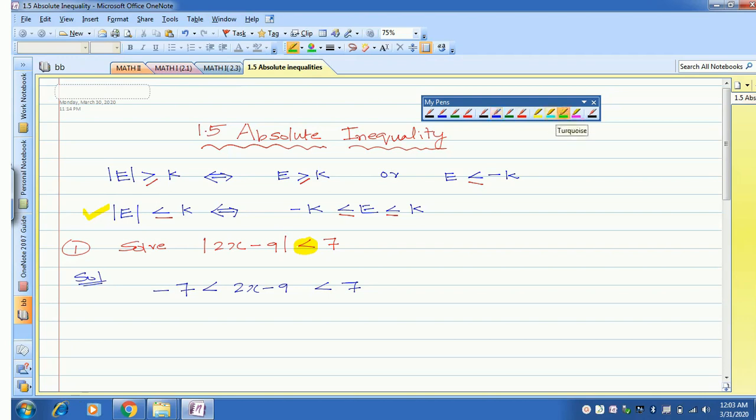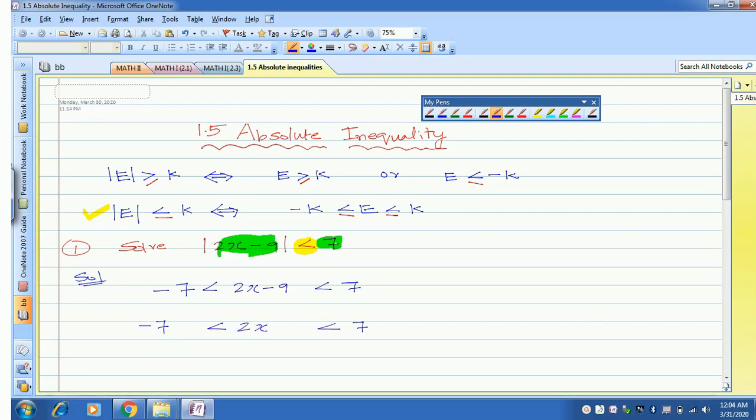The entire term is my E, and this is my K. Now after that you have to simplify this one. Minus 7 less than 2x minus 9 less than 7.